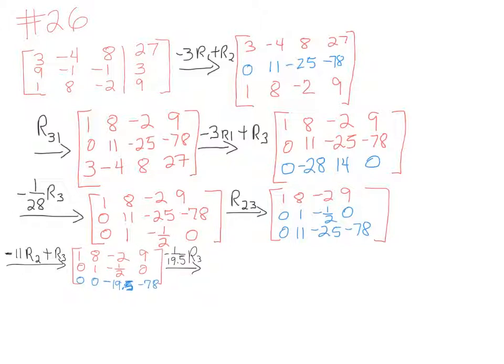So the first and the second row stay the same. The third row would be 0, 0, 1, isn't it? And then divide 78 by 19.5. And what does that equal?